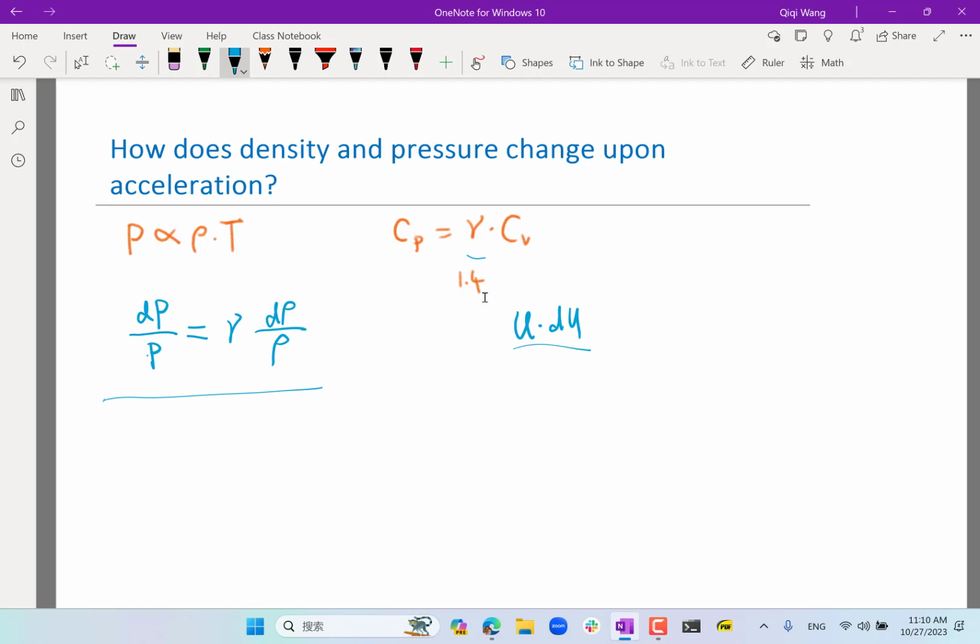So u times du, the acceleration, is equal to minus dp over rho. That's basically, again, acceleration, because dp actually has to be divided by dx to get the unit of acceleration. So dp over dx is the pressure gradient. It represents the pressure force per unit what? Volume, right? Per unit volume, right?